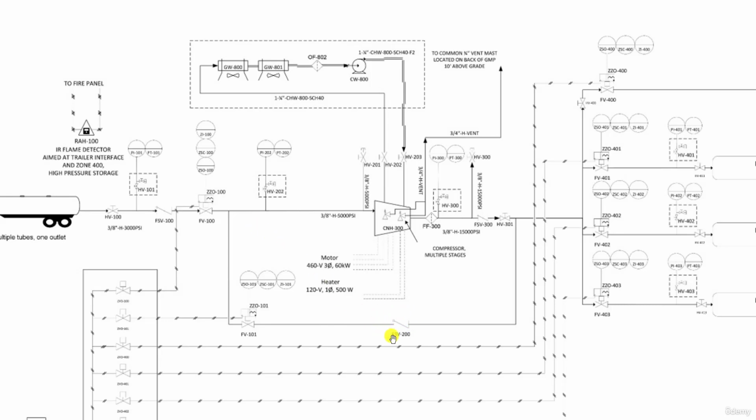But the presence of this check valve FSV200 indicates that the flow path is in this direction. We can tell this based on the dot that you can see here, which indicates the inlet of the check valve. So this is not a recirculating line, but a bypass line.